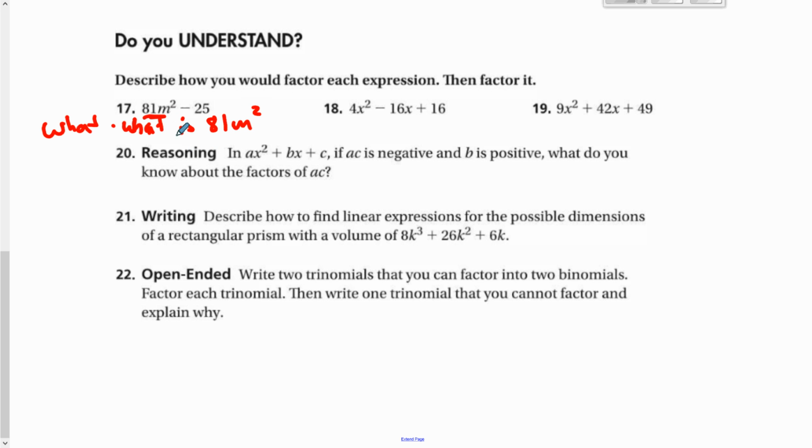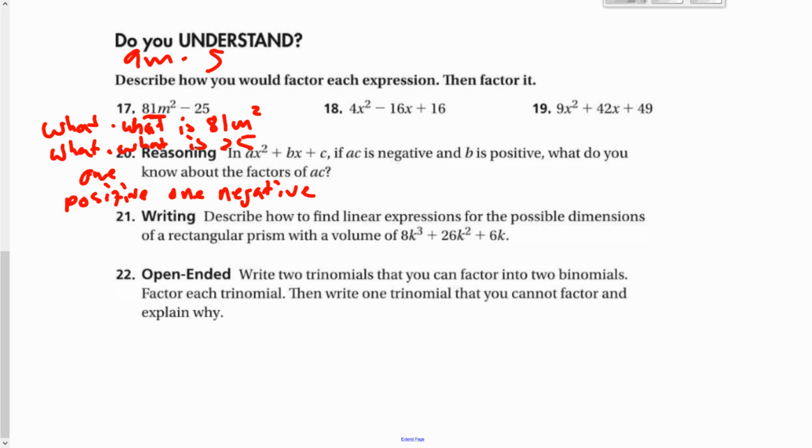And that's a 9m. Then I ask myself, what times what is 25? Or really, it's what times itself. And that's 5, right? And then I say 1 positive, 1 negative. So a negative, another 1 positive.